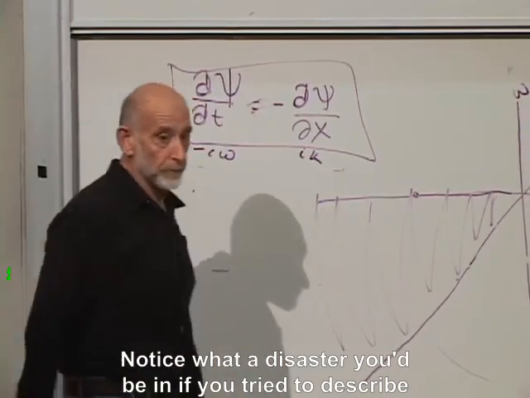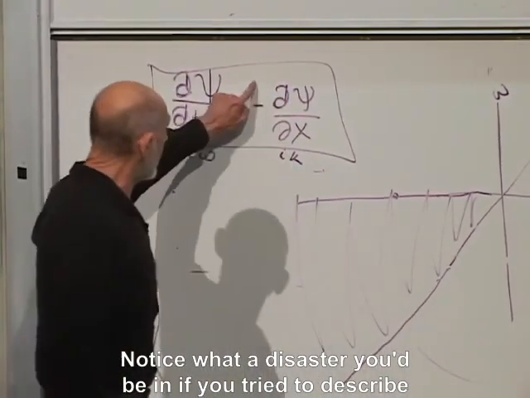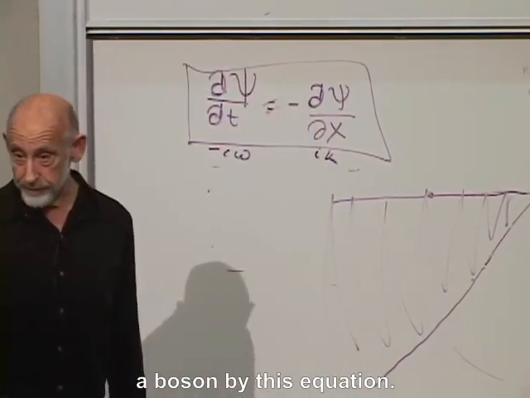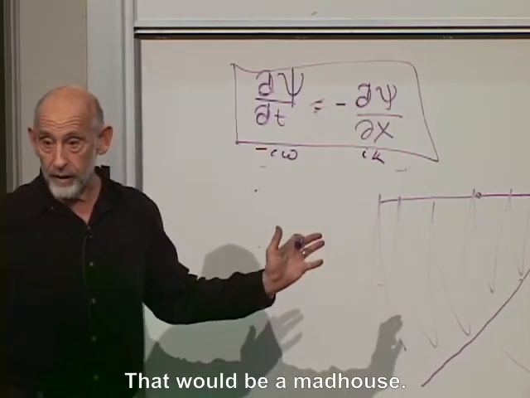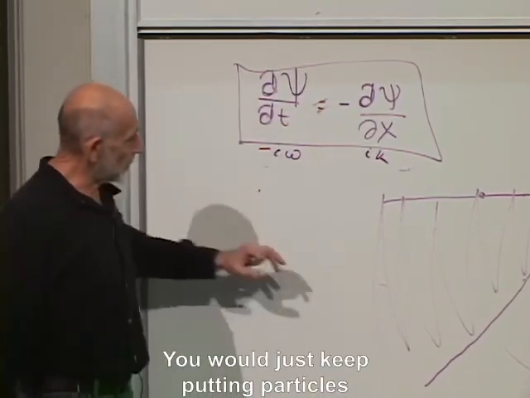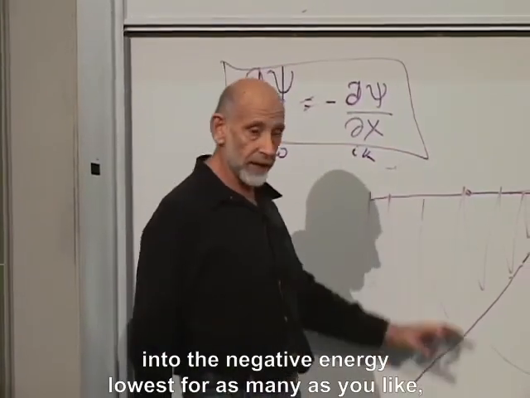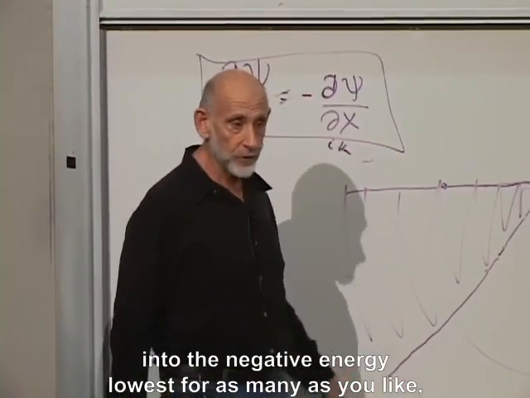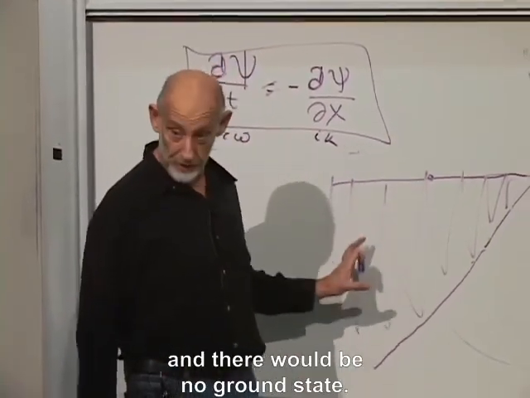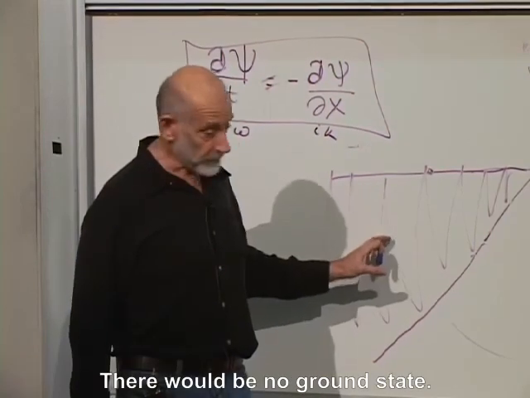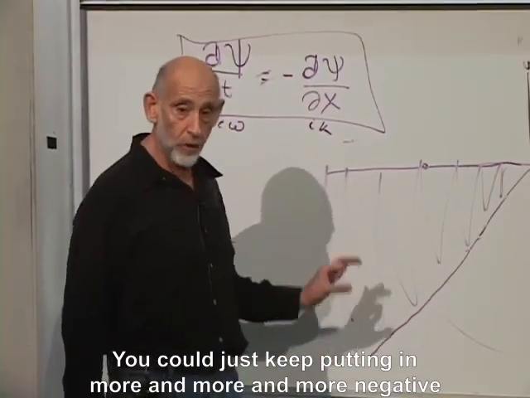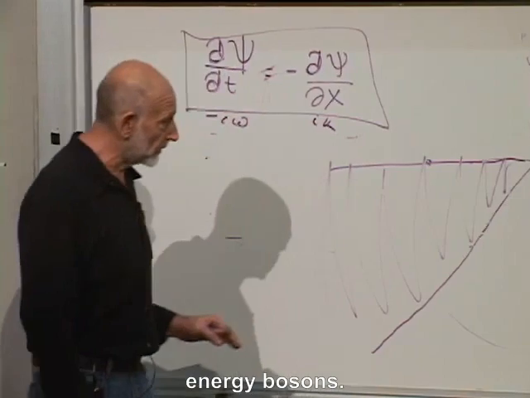Notice what a disaster you'd be in if you tried to describe a boson by this equation. That would be a madhouse. You would just keep putting particles into the negative energy lowest state, as many as you like, and there would be no ground state. You could just keep putting in more and more negative energy bosons.